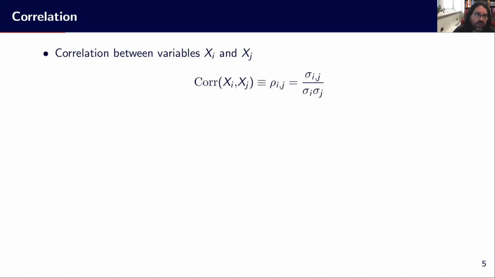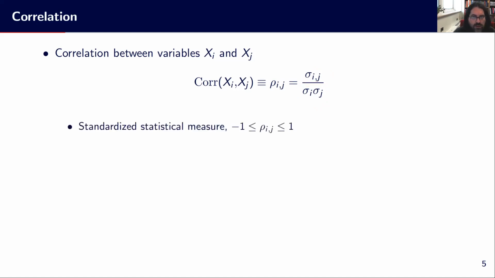There is also the notion of correlation between variables. We have a correlation, which is noted rho ij. This correlation is basically the covariance between variables i and j, but normalized according to the product of sigma i, sigma j. So this allows us to look at the ratio between the covariance divided by the standard deviation of the two variables independently.